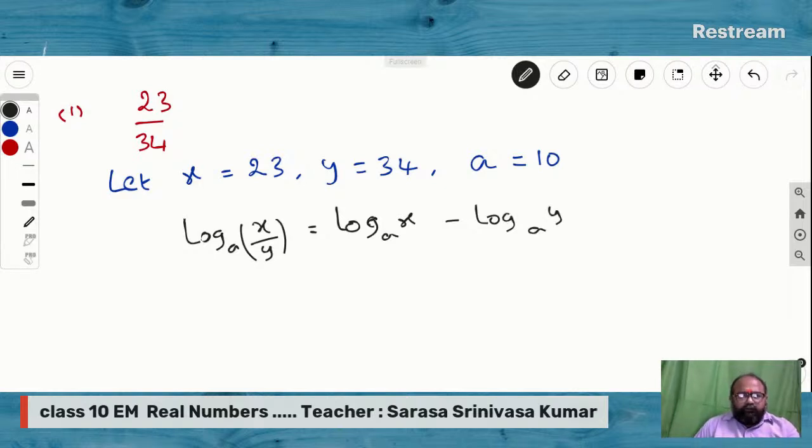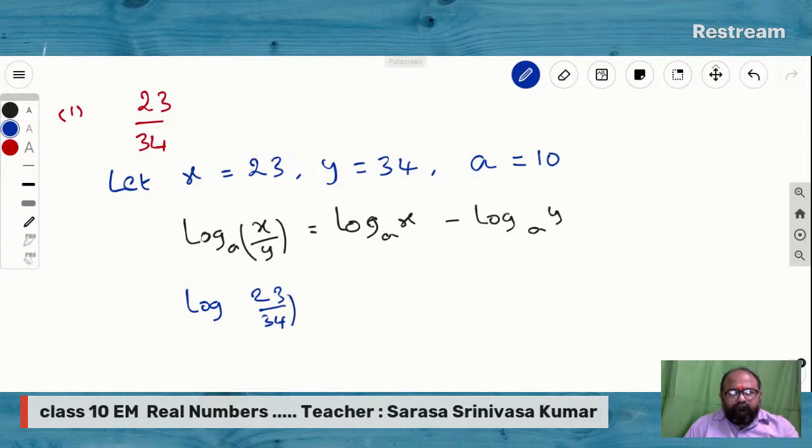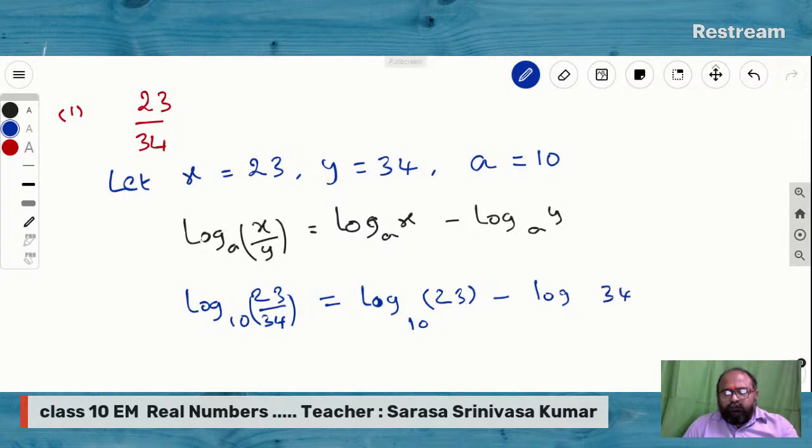Using this formula, we can write log of 23 by 34 to the base 10 equal to log 23 to the base 10 minus log 34 to the base 10.